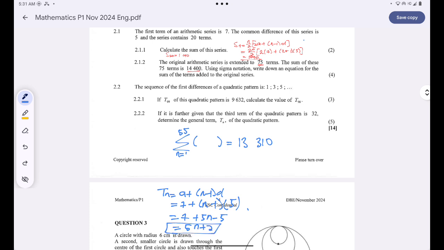This statement over here will generate for me every term that I need in the series. So after finding it, I'll just substitute it over there. I'll have 5n plus 2. So now I've represented the sum of the terms that were added to the original series.